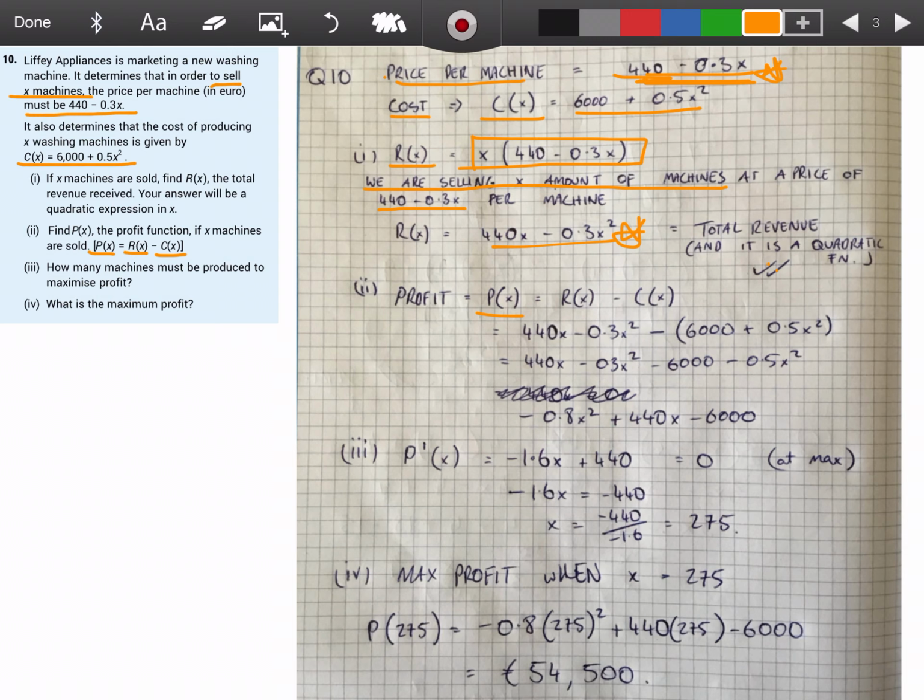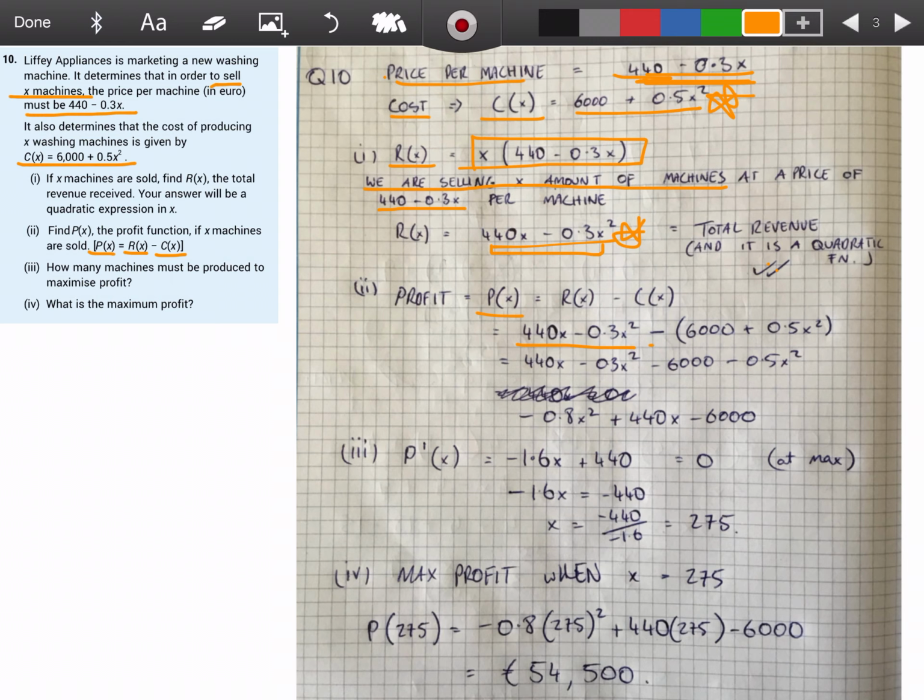So you've got them, okay? Sorry, cost is that one. Excuse me. I highlighted the wrong one. There, cost, okay? So we've got revenue, 440x minus 0.3x squared, which is the thing that we just worked out in the previous part, minus our cost. And it's given to us there.